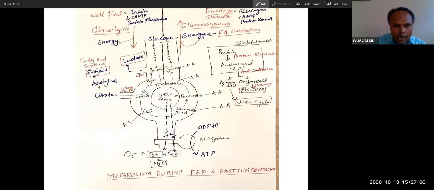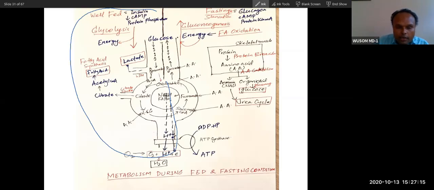So you can say this is a cycle. This is the fed condition. In fed condition, glycolysis is facilitated, so glucose will be broken down. In fasting condition, glucose is formed, and what other pathway happens? Because you are in fasting condition, fat is utilized as fuel.